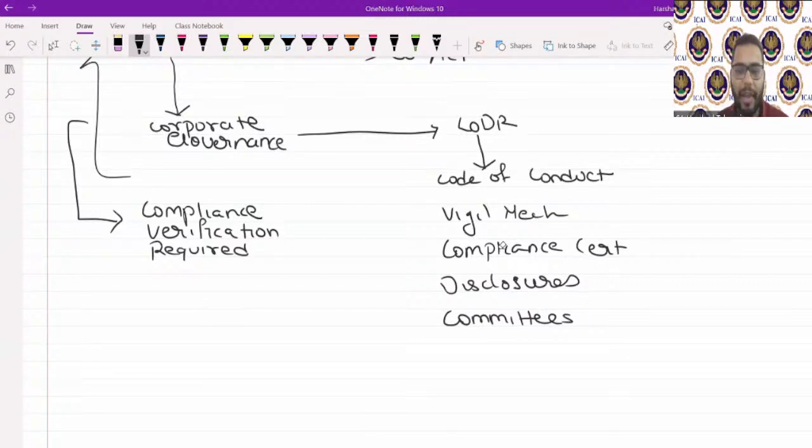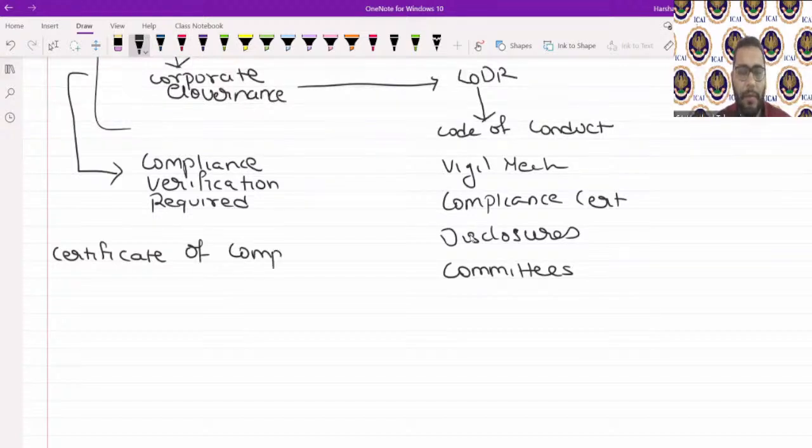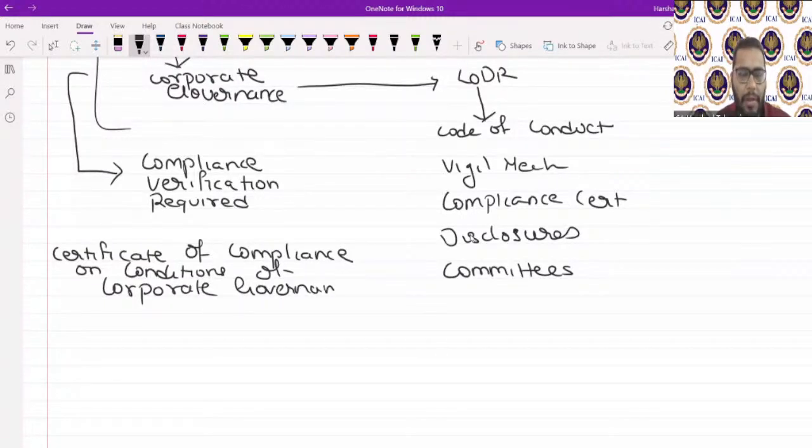There are certificates which are required to be provided, a certificate of compliance on conditions of corporate governance. This certificate is required to be issued to the company.